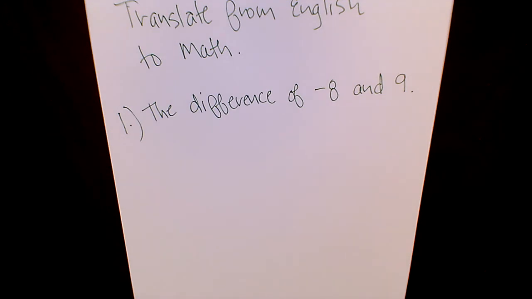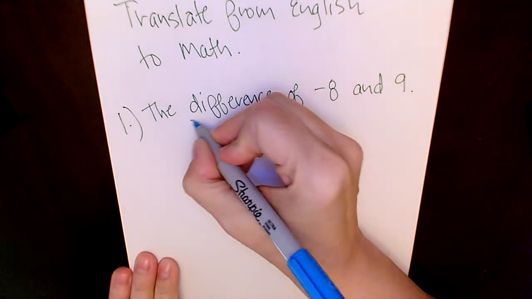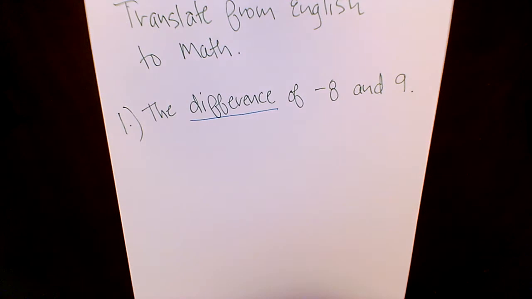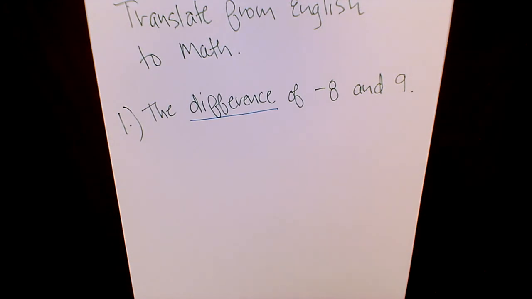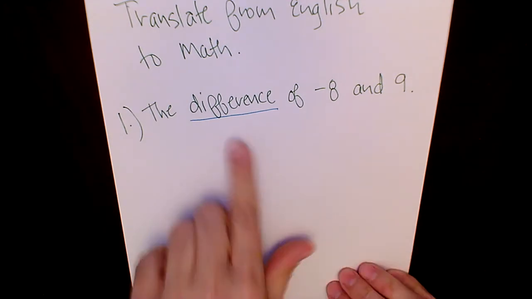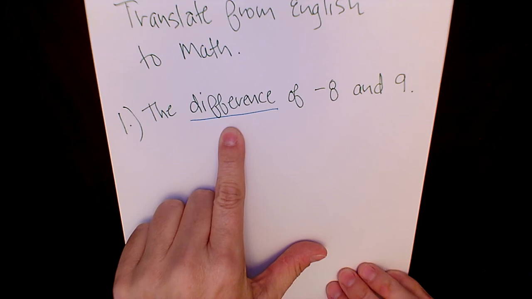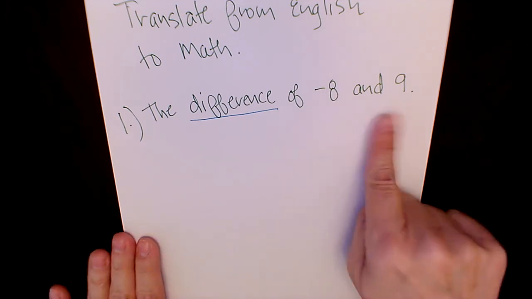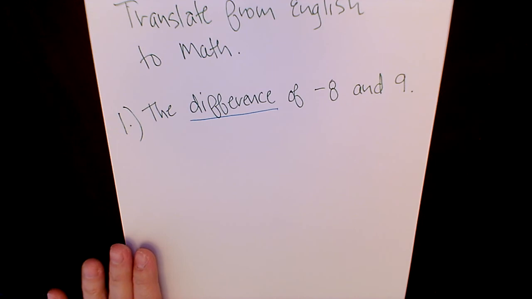Okay, so remember from, I believe it was chapter 1, when I went over all of the different keywords and what they mean in math. So do we remember difference means to subtract? And we're just going to go left to right on this.